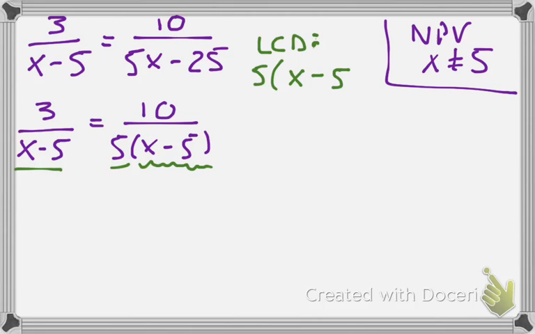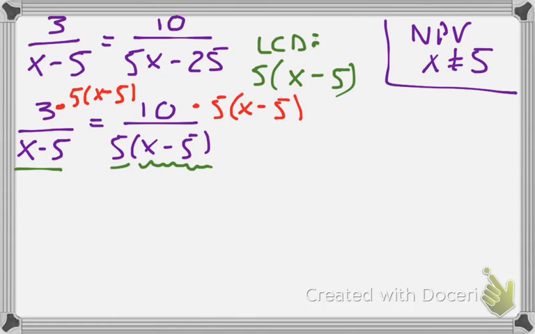This 5 cannot be represented by that one because this 5 is part of this entire binomial, whereas this one's a monomial, so we can't combine binomials and monomials that way. Every single thing is going to get multiplied by that LCD. Multiplied by 5 and x minus 5. Multiplied by 5 and x minus 5.